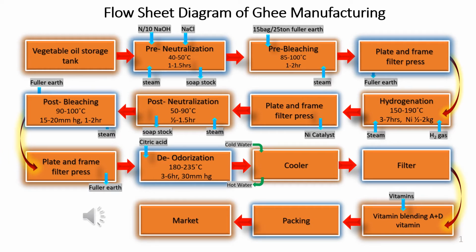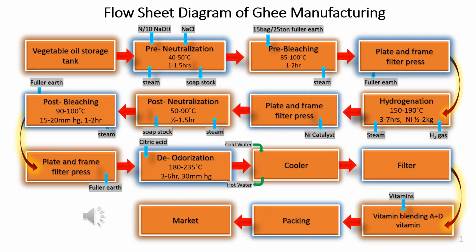So after decolorization of our oil, we move towards the plate and frame filter press. In this step, we filter our oil by using the plate and frame filter press.